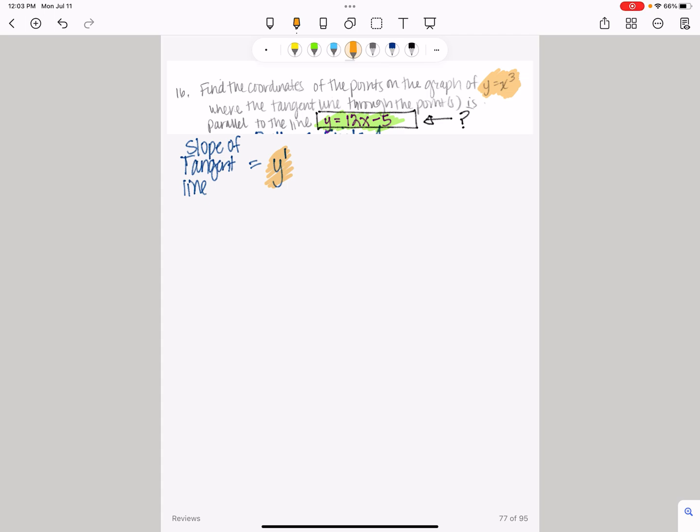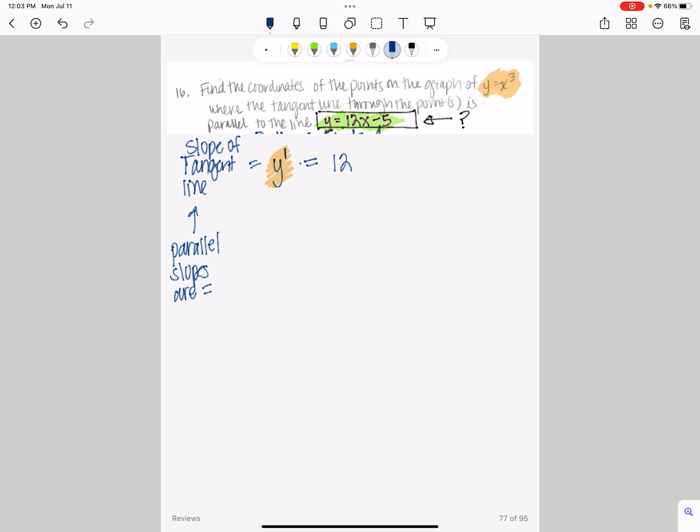And it's going to be parallel to, so I want a parallel slope. Remember, parallel slopes are equal. So I want it to be parallel to y equals 12x minus 5. Therefore, I want this slope to be a positive 12. So y prime equals 12.